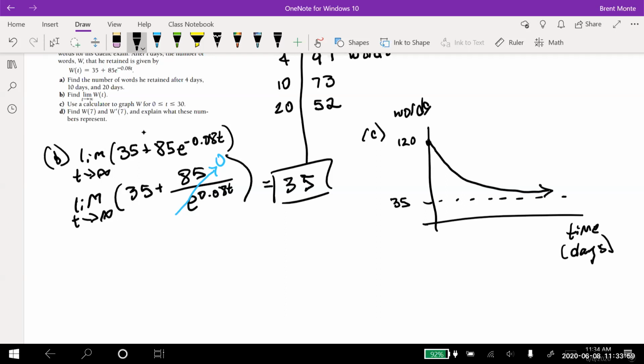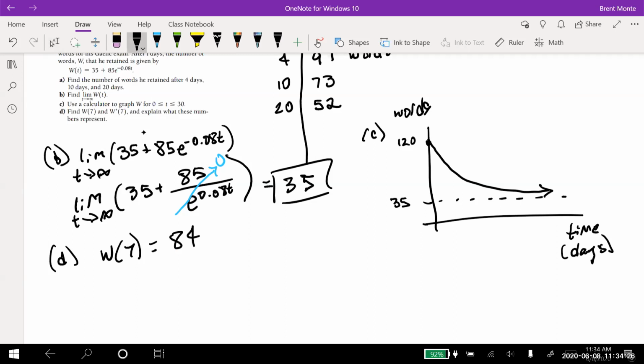Okay, now let's go to part D. Our last part, it says find W of 7 and W prime of 7. Well, W of 7, we plug it in. Now, it would have been nice for them to give us one of the ones we'd already done, but they didn't. But I still have it in my calculator, so I'll just change the 20 that I had in there to a 7. And I get 83.55, so we'll round it up to 84 words.